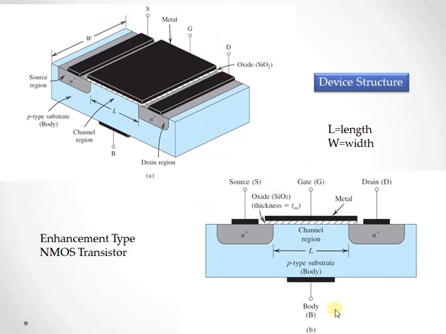Figure B clearly shows the cross-sectional view of the enhancement type NMOS transistor, wherein the silicon dioxide thickness is represented by TOX, and we can see the channel region, N plus source region and N plus drain region, which indicate that they are heavily doped, and the p-type body. We can see the four terminals, the source, gate, drain and the body, and the black indicates the metal that is deposited on top.